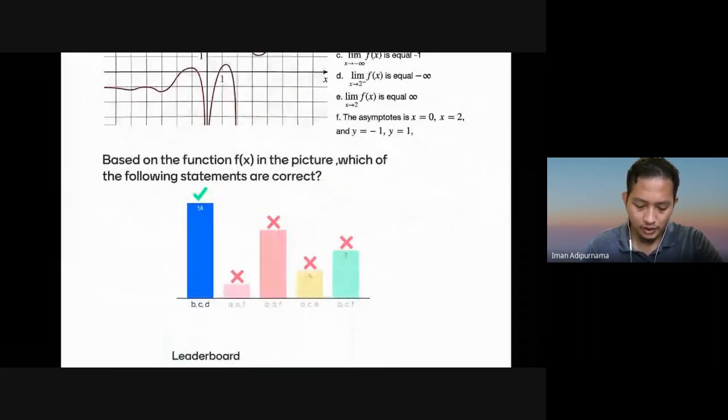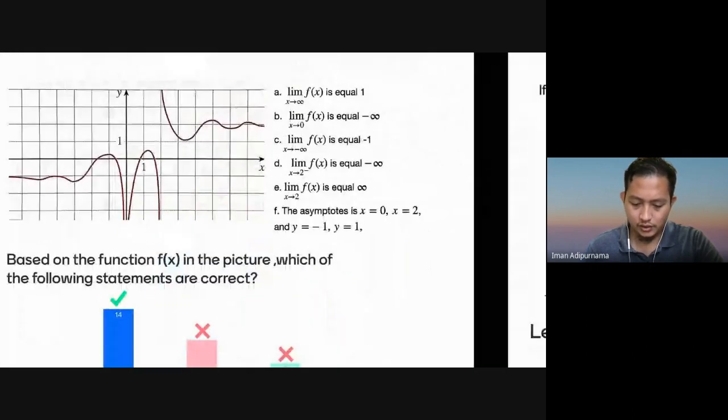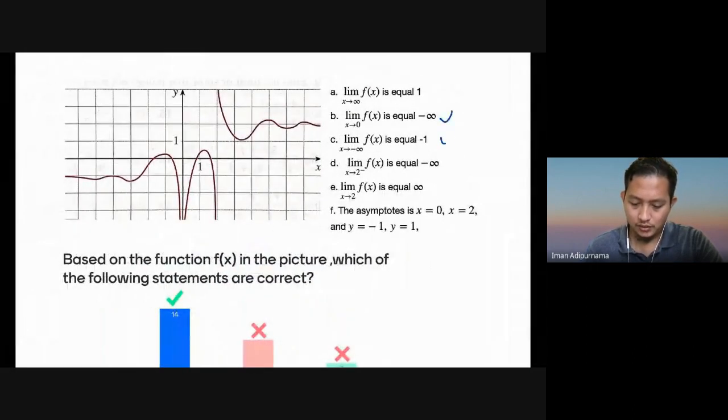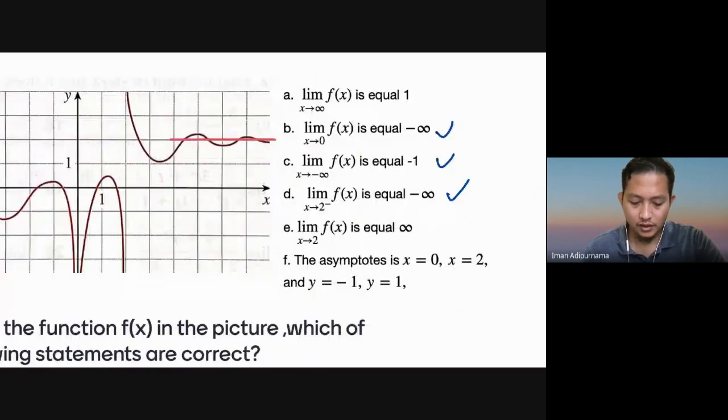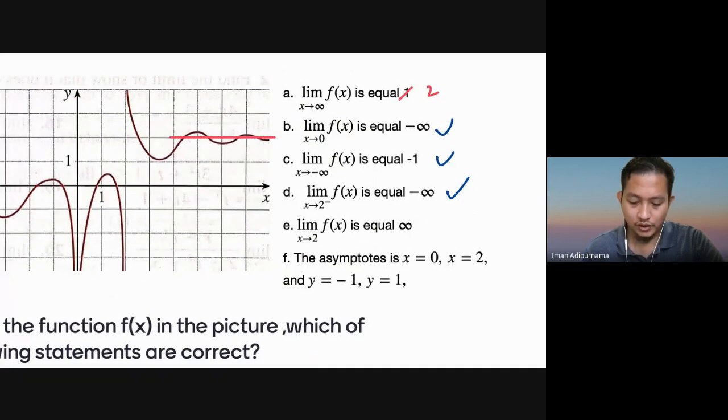Okay, I think you get correct here. It's the B, C, and D. You can check the answer one by one. So if you look here, the asymptote should be equal to not 1, it should be 2, right?